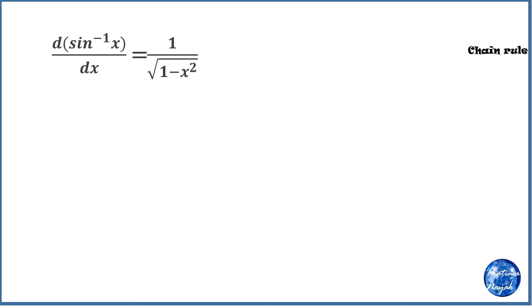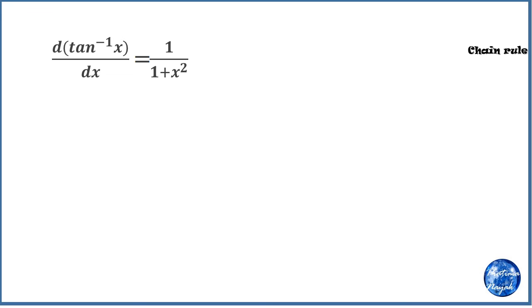Now the derivative of sine inverse x is 1 upon under root 1 minus x square. Cos inverse x is equal to minus 1 by under root 1 minus x square. These are basic formulas. Tan inverse x is equal to 1 by 1 plus x square.